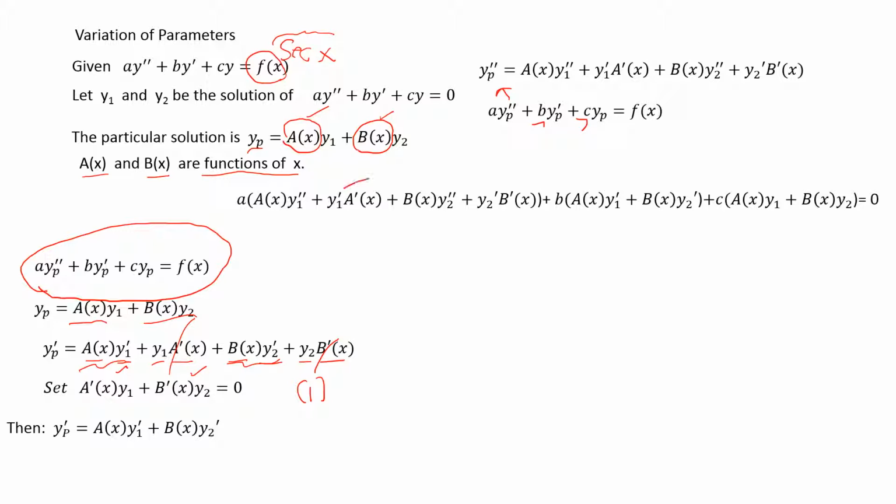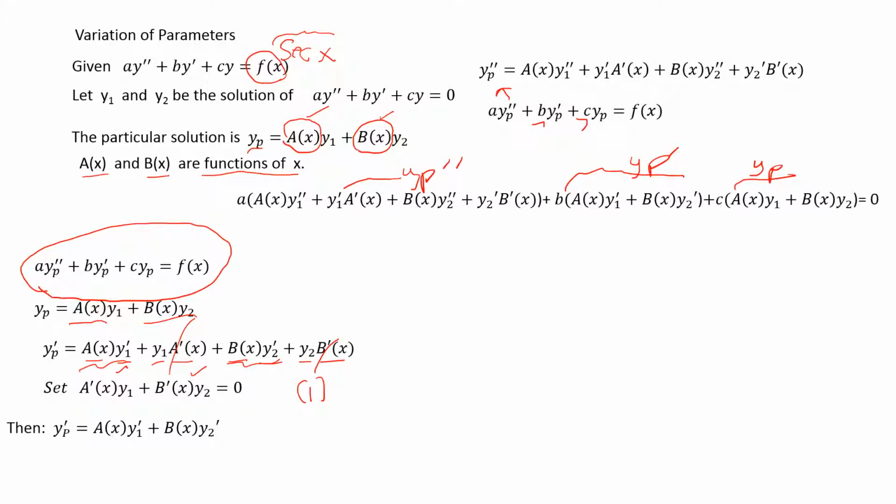This is yp double prime, and then this one is yp prime, and this one is just yp.